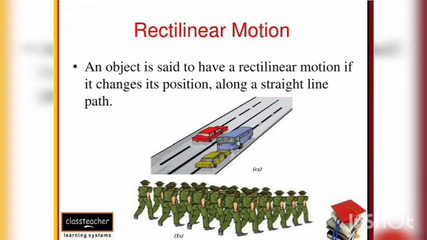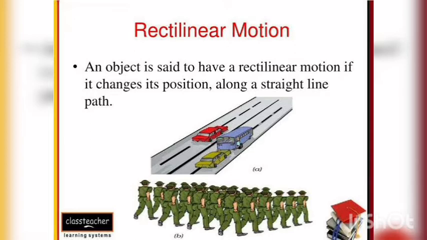Rectilinear motion. An object is said to have a rectilinear motion if it changes its position along a straight line path. So children, if you observe the example, the people who are marching, they are changing their position in a straight line.